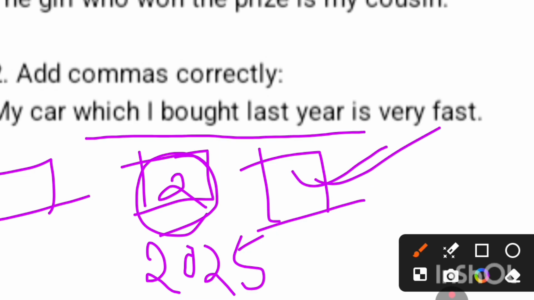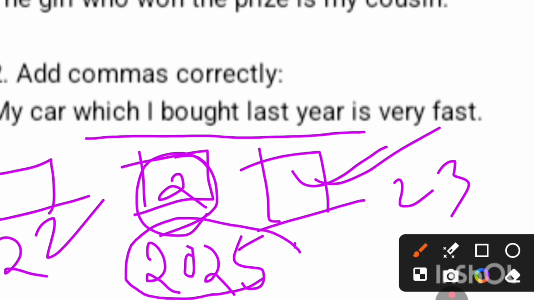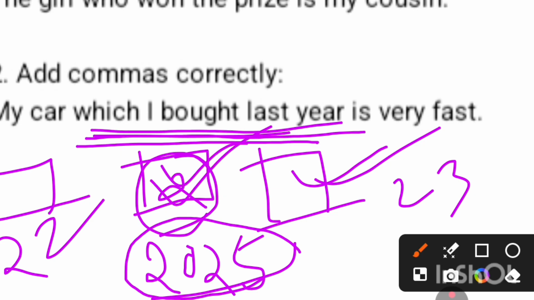Maybe another was bought in 2023, another in 2022, and you want to identify this car. If you want to say it at that time, you have to use a defining clause just like this, without comma: my car which I bought last year, with no comma. It means you have more than one car, and you want to identify this car by using this defining clause. Friends, I think it's clear to you.